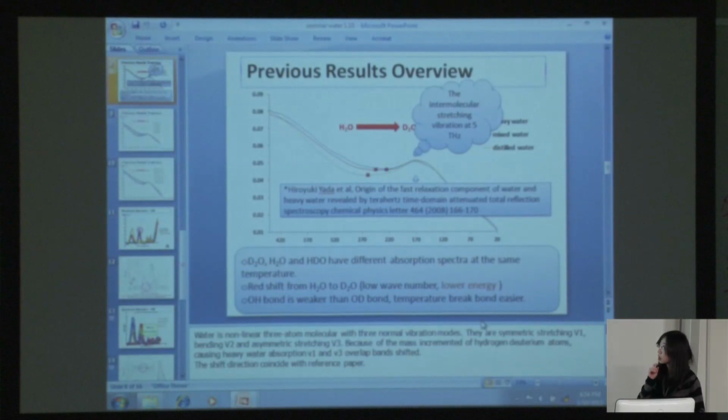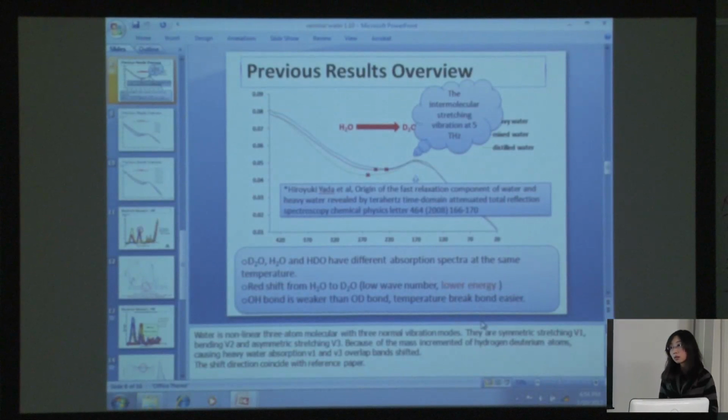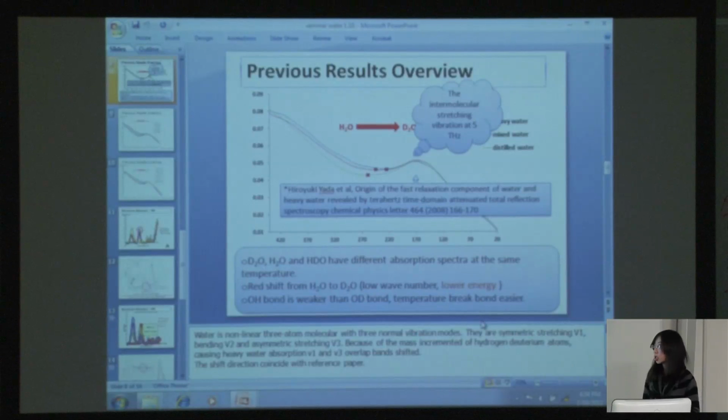Because I conducted many experiments, and every time the mixed water, heavy water, and distilled water have different absorption data. Also, their temperature dependence is different. Maybe I need more data to conclude.